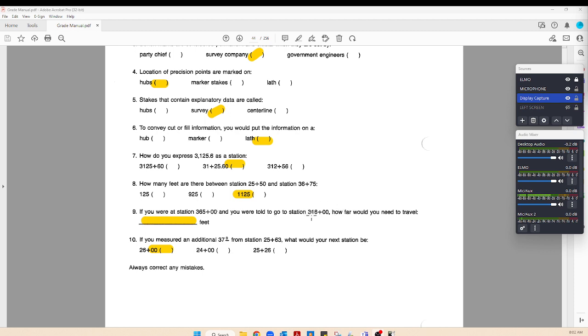This here would translate into 31,600 feet. So again, just ignore the plus sign. It's good to know where this is coming from, because everything on the left is hundreds. This is 3,650 right here, or 36,500, and it's an even stake.